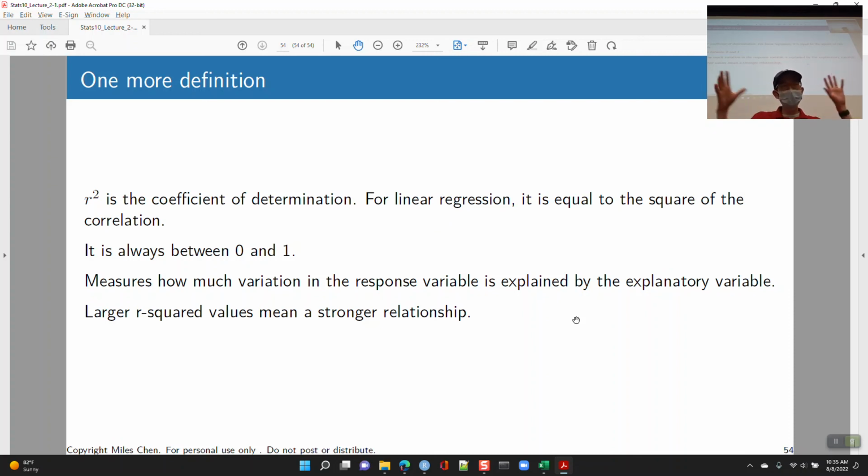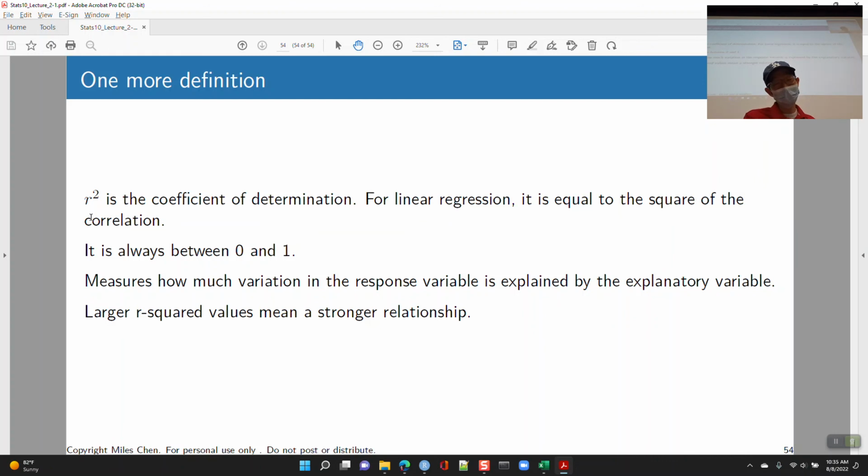You can think of all of these different factors that play a role in what ultimately determines somebody's weight. Well, how much can we assign to height? If you look at the correlation between height and weight, you might be able to assign a certain percentage of that to height, and that's loosely one way to think about R squared.